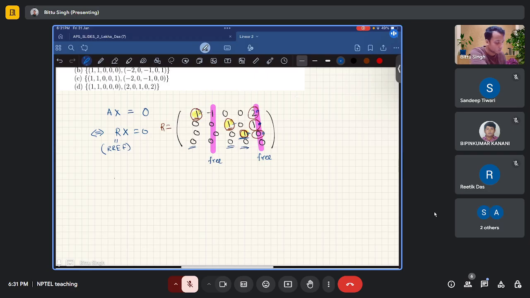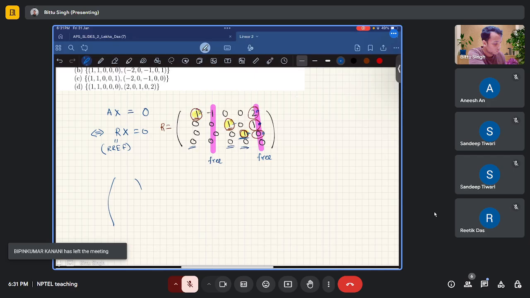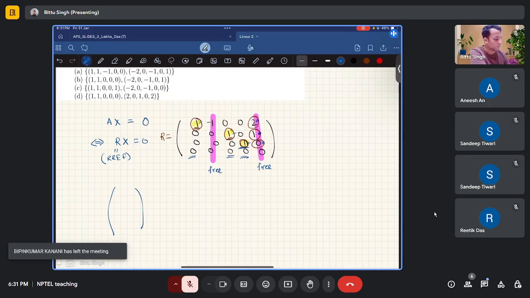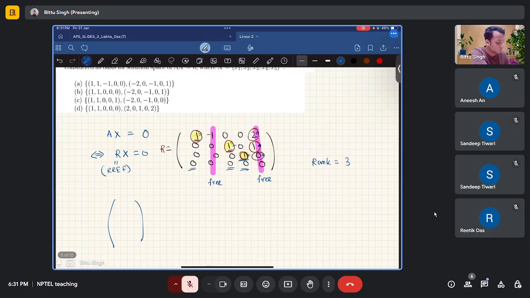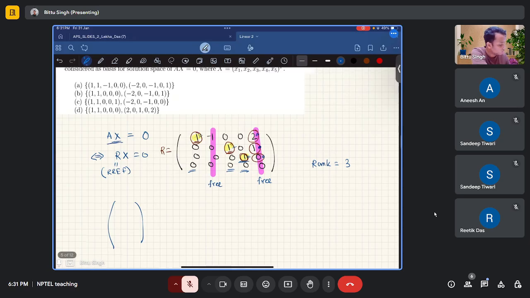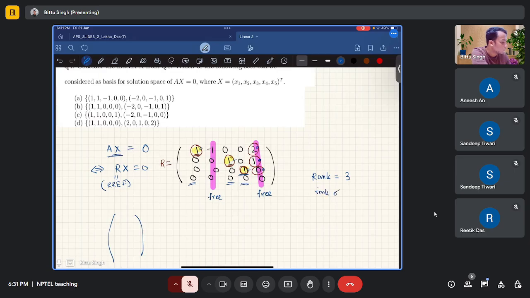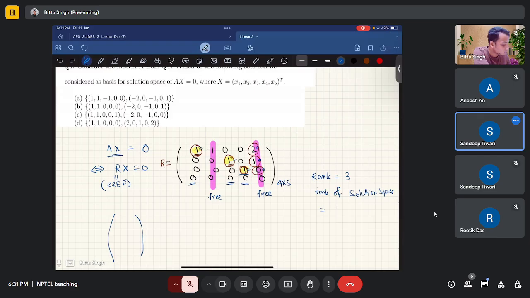So if something is a solution, you can see that the rank of this matrix is 3. So the rank of the solution space corresponding to this Ax = 0, the solution space or null space, whatever you say, it will be, you can see this is a 5 by 2 matrix, so it is 5 minus 3, which is 2.